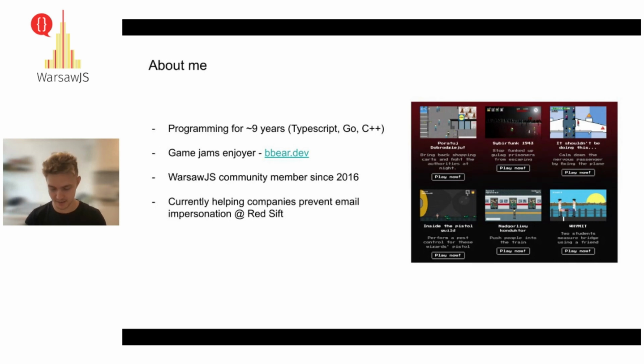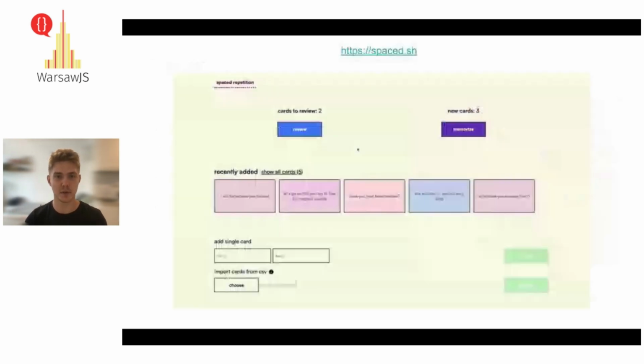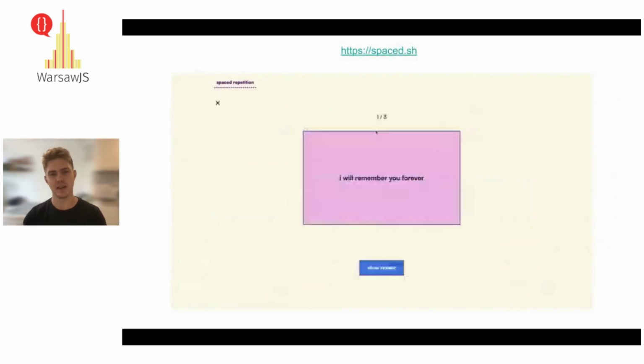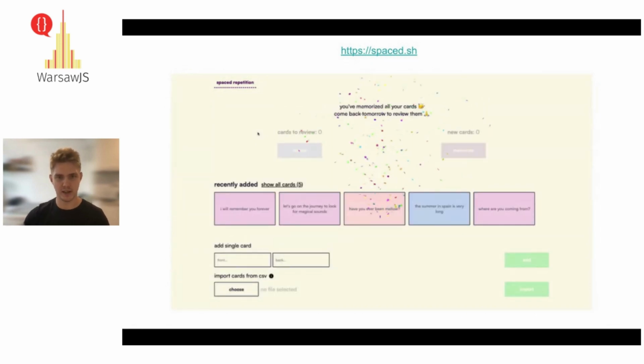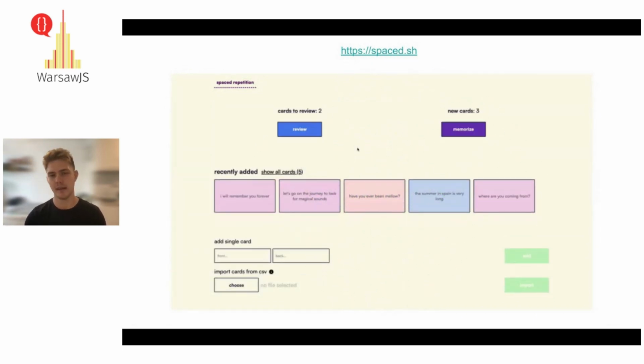And let me tell you about this project. It's called Space Repetition. Basically, it's just an app for reviewing flashcards and actually memorizing them. It's using what is called the spaced repetition method, which is an optimized way of retaining information over time.